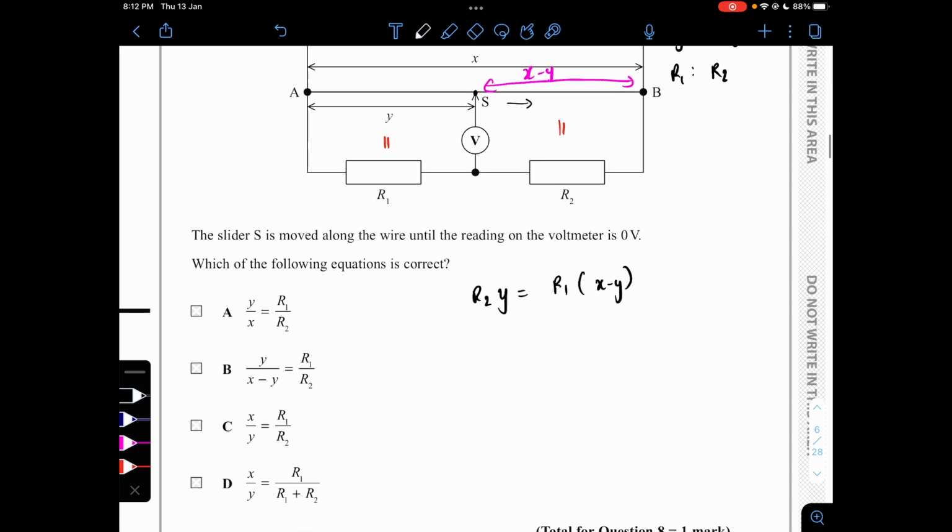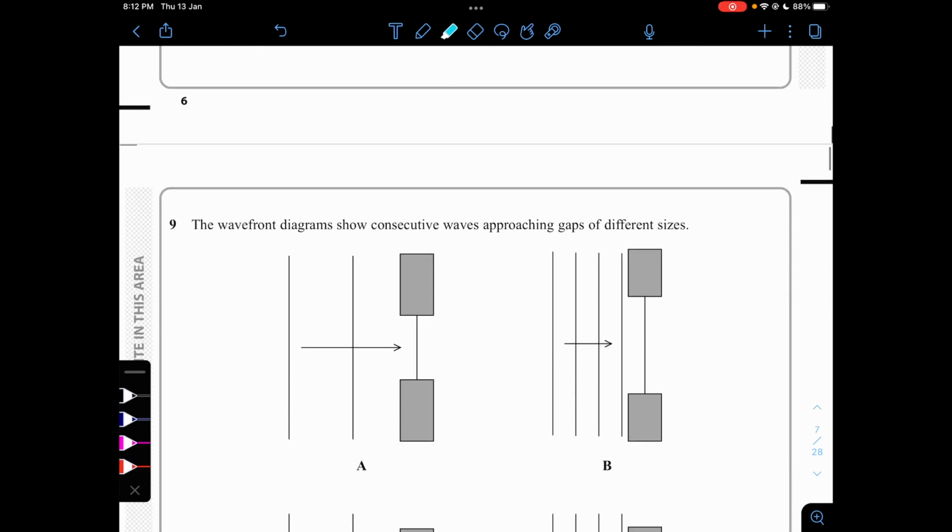Now they want the ratio, so Y over X minus Y equals R1 over R2. This is the equation we want. Is it A? No. Is it B, Y over X minus Y? Yes, so that is in fact the answer. Let's move on to question number 9.